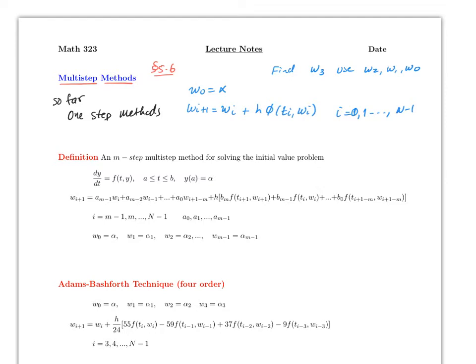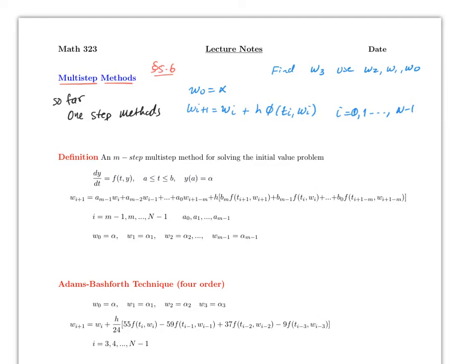It is obvious that this one uses this and this uses this, but in the multi-step methods, this uses all the previous information, just like this one uses all of this and so forth.